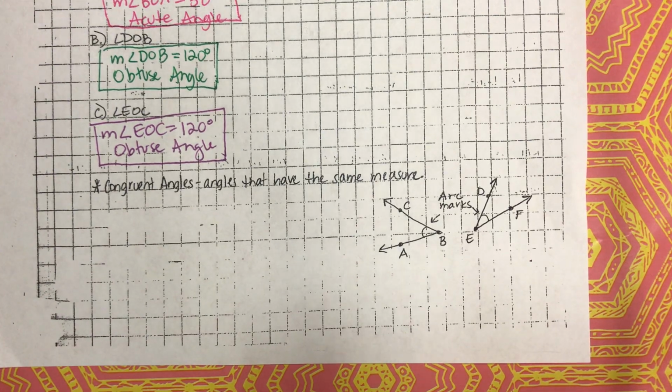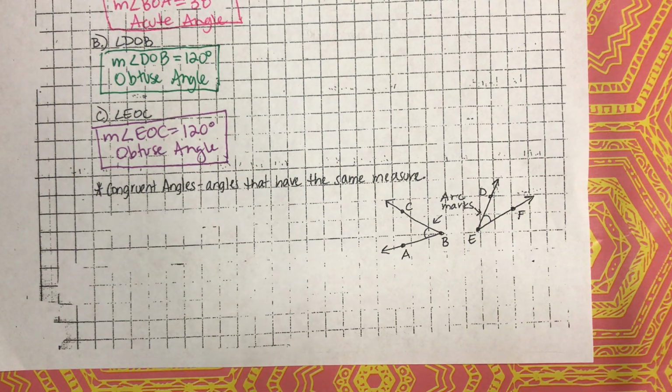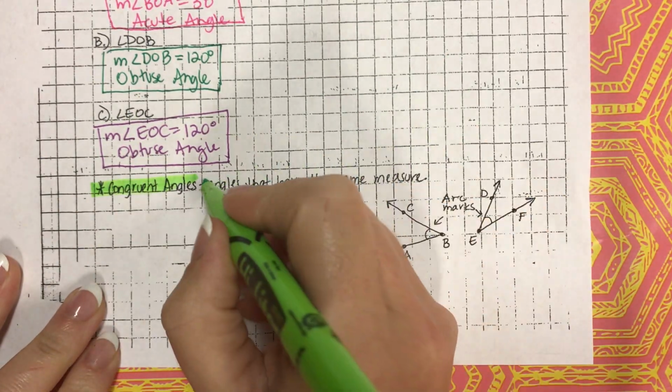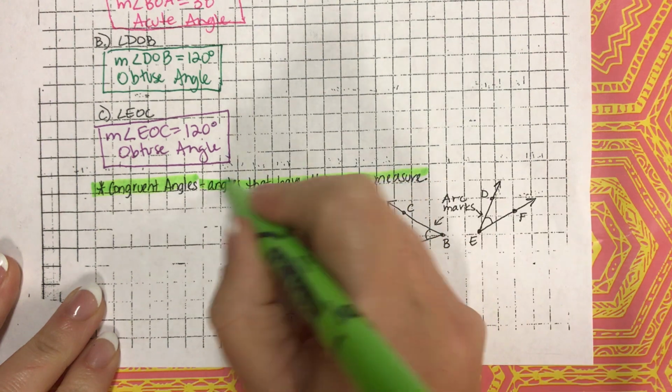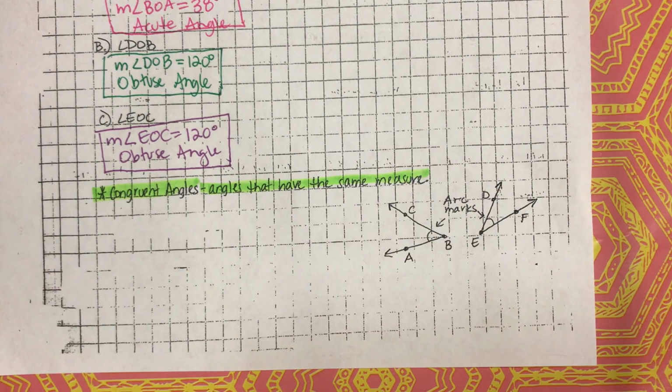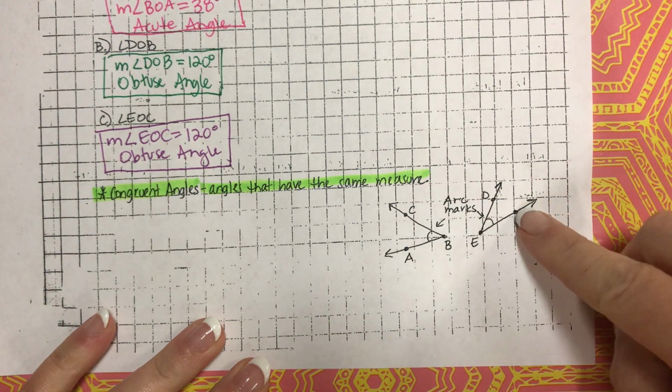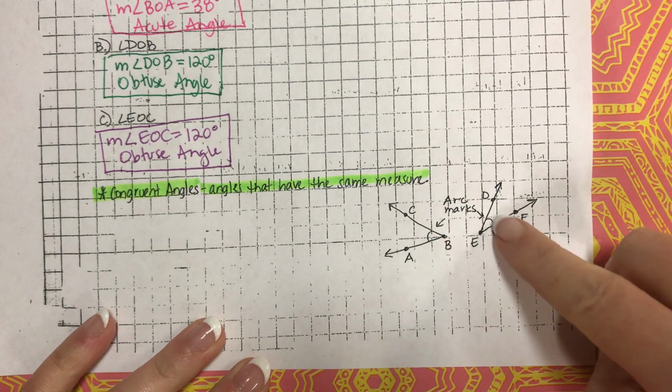All right, we're back with example number 3, but before we get to it, let's go ahead and talk about what congruent angles are. Congruent angles are angles that have the same measure. If you look here, we have two angles, A, B, C, and D, E, F. And you see how they have these little arcs right there?